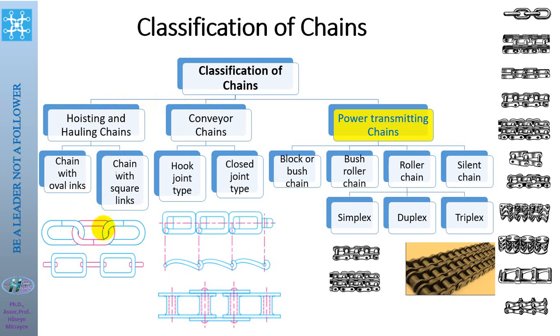For example, this type of chains, oval link chains or square link chains, are used for hoisting and hauling chains, for the load hoisting mechanisms, the crane mechanisms.